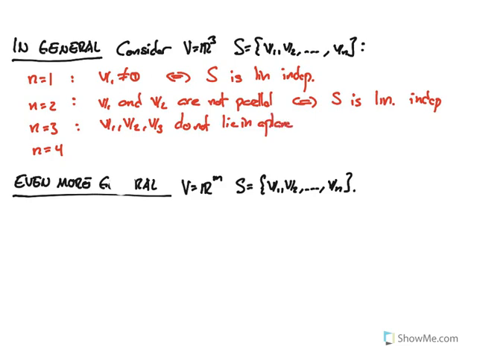You remember, we're really just going over when a 3x3 linear system has a non-trivial solution, and it's if the three rows, or equivalently the three columns, do not lie on a plane. This is equivalent to S being linearly independent.